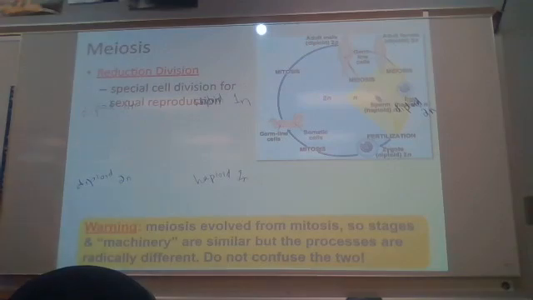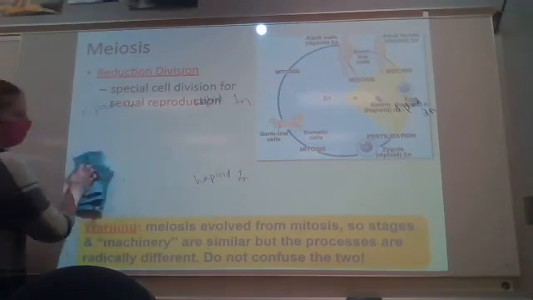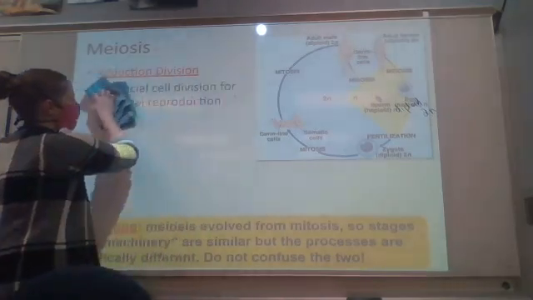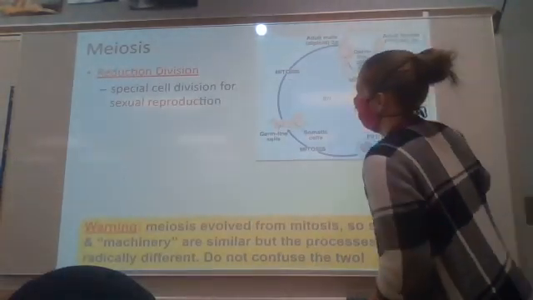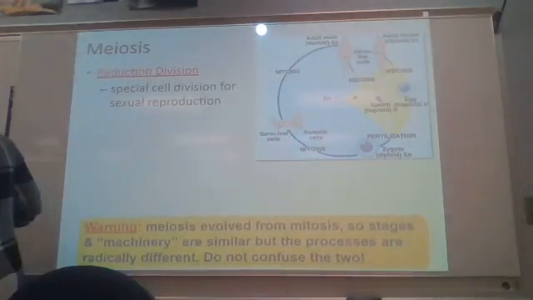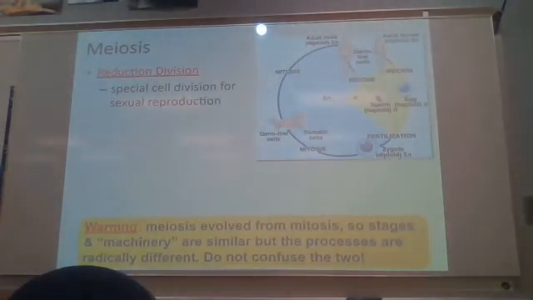So this is just going to repeat some of what we said. The reductive division. And we only do meiosis in order to make those gametes, okay, in order to make those egg and sperm.